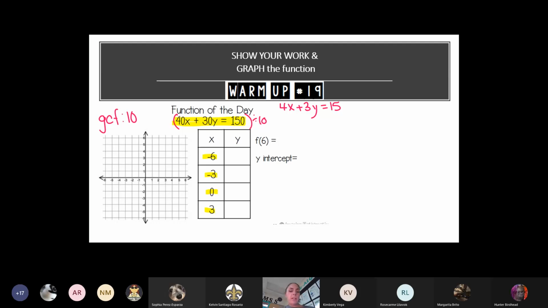Now I want to do what I've done for all of my other functions of the day and put it in slope-intercept form. So I'm going to subtract 4x from both sides, and then I get 3y is equal to negative 4x plus 15. Then I'm going to divide by 3, and I get y is equal to negative 4/3 x plus 5.